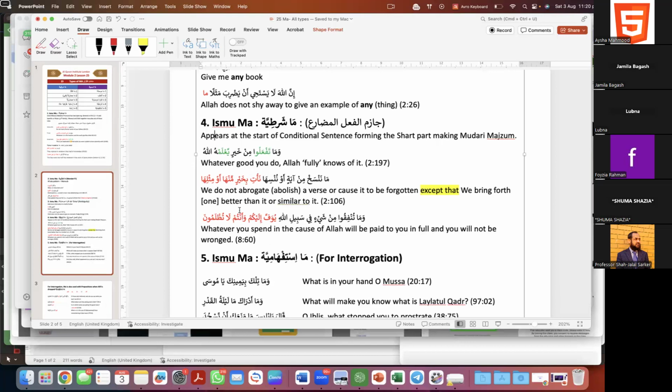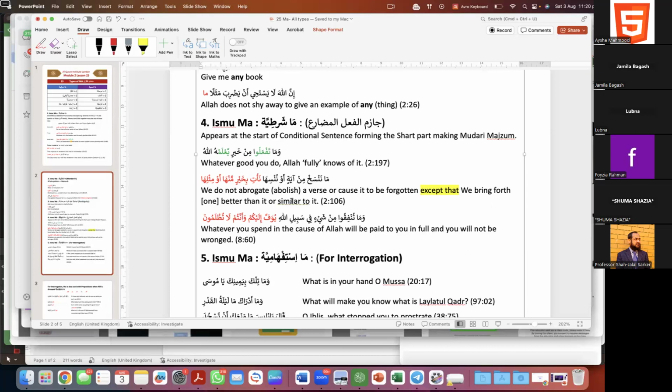So up to where is the shart part, sister? Wama tafalu. Tafalu means from faala, whatever you do, right? Ma tafalu min khayrin. So where does the shart part finish? Because there is a jawab shart part here. Wama tafalu min khayr, that's it.